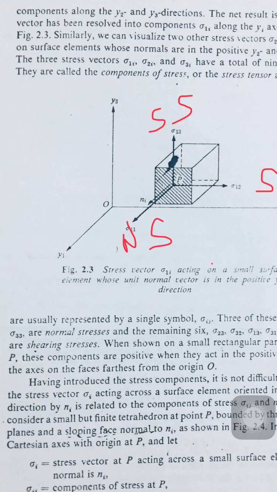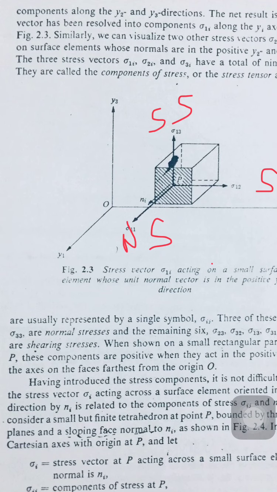We can visualize two other stress vectors. If I take the y1 direction, then the resolved component is sigma 1j. If we take the y2 direction, that is sigma 2j. And if we resolve according to the y3 direction, then sigma 3j, acting on a surface element.